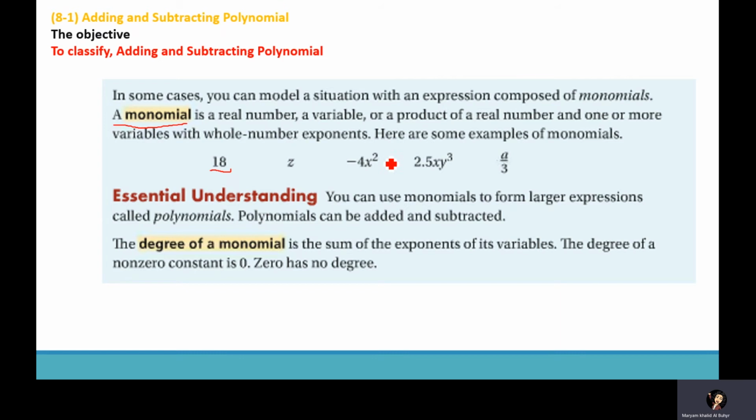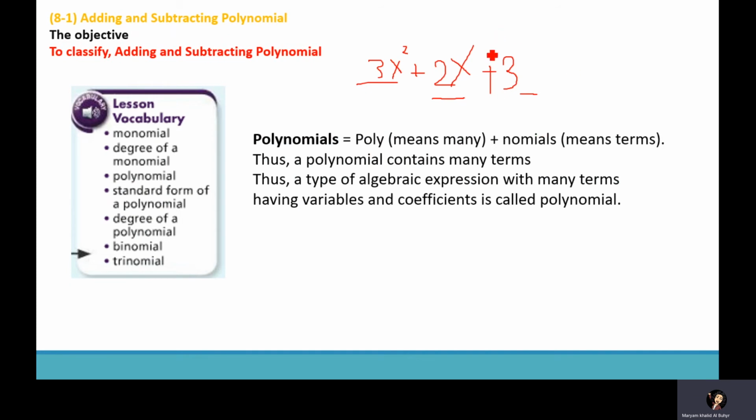If you have one term like this, that's what we call a monomial. So this is the idea. Monomial is a kind of polynomial, but the general thing is polynomial, which is what I gave you here as an example. We can have more terms, fewer terms, and so on.